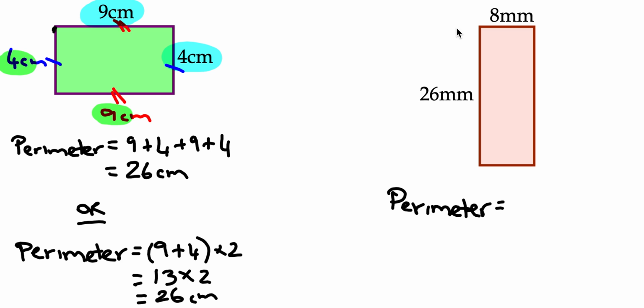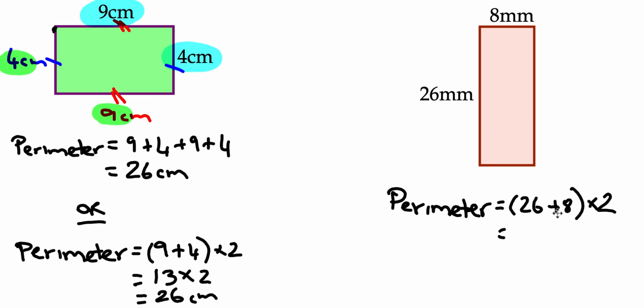We could say the two different sides, the length and the breadth, are 26 and 8 millimeters. So what I could say is the perimeter is 26, add 8. But instead of saying add another 26, add another 8, we can just say whatever that number is, double it, because we've got half of the shape still to add on.